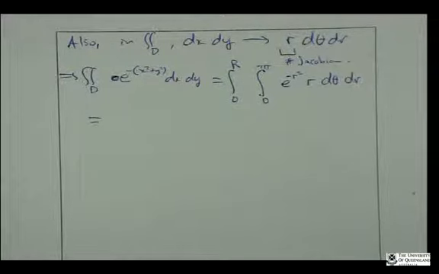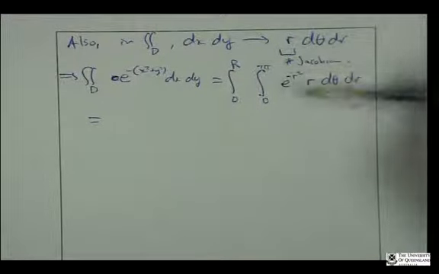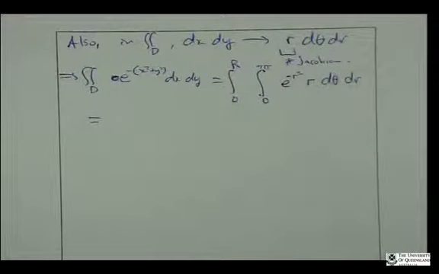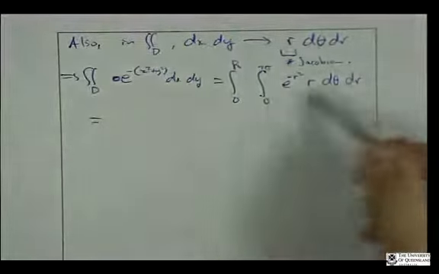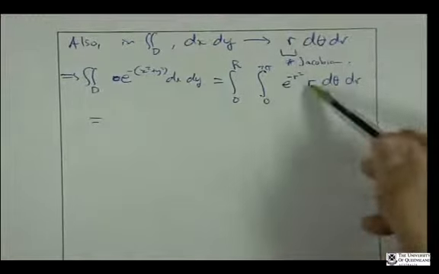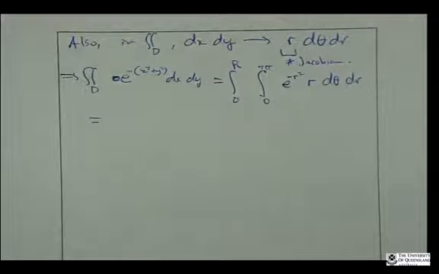Even though I made the observation at the start that the integral of e to the negative x squared dx is not expressible in terms of elementary functions, that doesn't become an issue here, because we've got this extra factor of r. Now, at this stage, note the integrand is a product of a function of r with a function of theta.